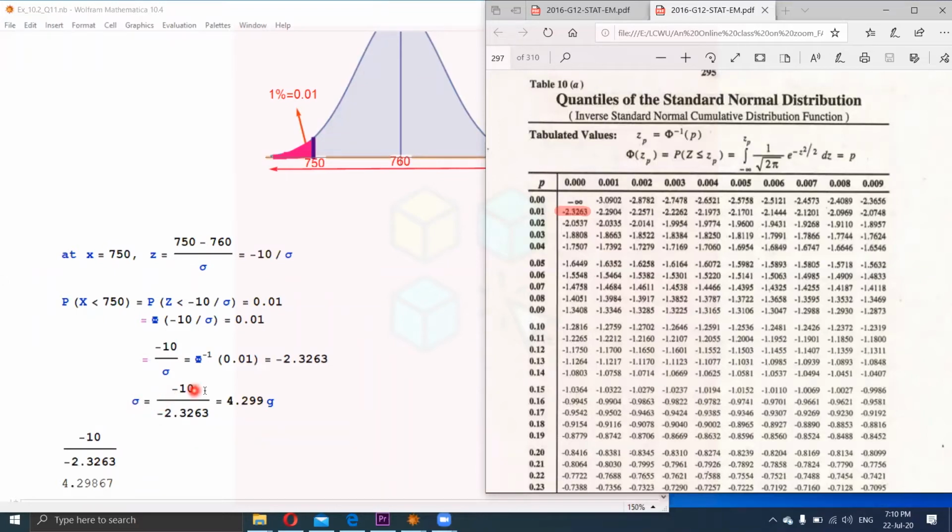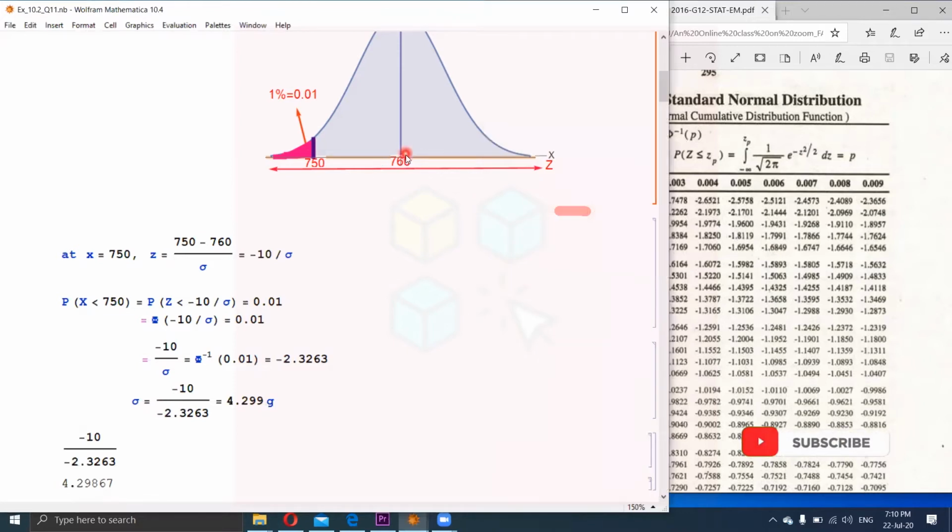Sigma is equal to minus 10 by minus 2.3263, and this gives us 4.299 grams. Since the weight is given in grams, mu is in grams, x is in grams, and the value of standard deviation is also in grams.